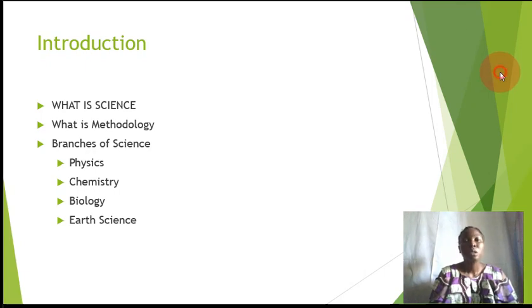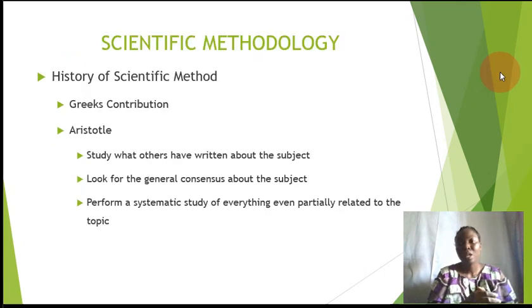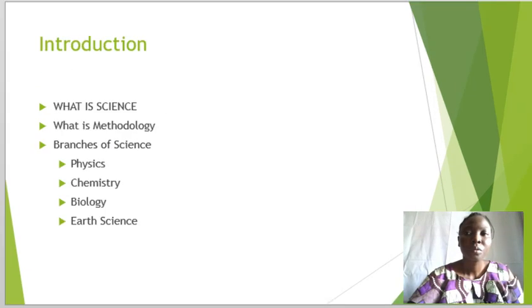We'll be looking at the history of scientific method, the contributions of the Greeks, the contribution of the Arabs. If time permits, we'll look at the steps involved in scientific method, and we'll look at the steps to be taken by a researcher when performing an experiment or a research.